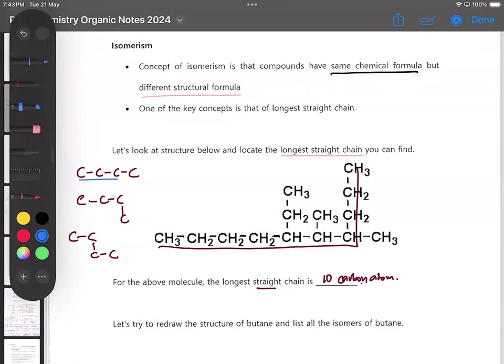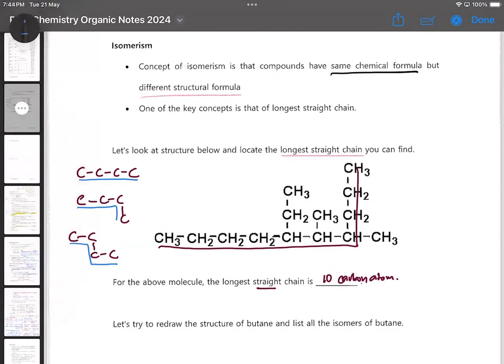So it's 1, 2, 3, 4 here, 1, 2, 3, 4, and 1, 2, 3, 4. See, we didn't retrace our path. So when the molecule is bent around, it's fundamentally still the same thing. That is one of the things you want to notice for this part of the topic.